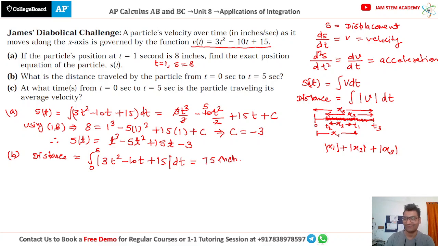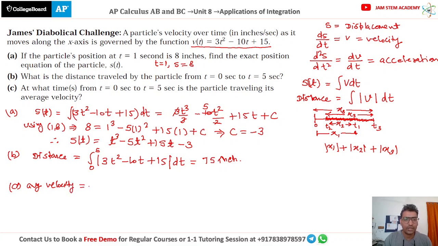Okay. Next is C. It says at what times from t equals 0 to t equals 5 seconds is the particle traveling at its average velocity? For finding the time where the velocity is the average velocity, first we need to find the average velocity, right? So let's first find the average velocity.